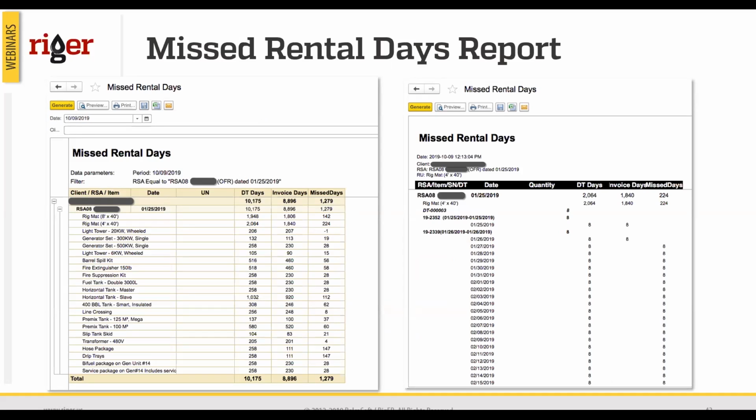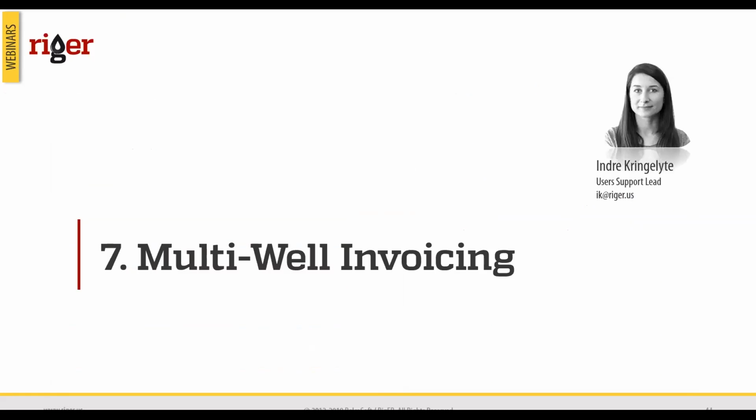If you double click on the missed column in the missed rental days report on the left side screenshot, it will drill down to the next detailed report for a specific rental unit with the schedule, showing which days were invoiced already and which are not yet. So it's a very informative report to see the details about missed rental days and to catch even errors in invoicing in the system.